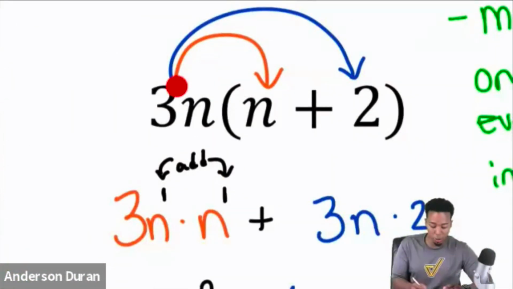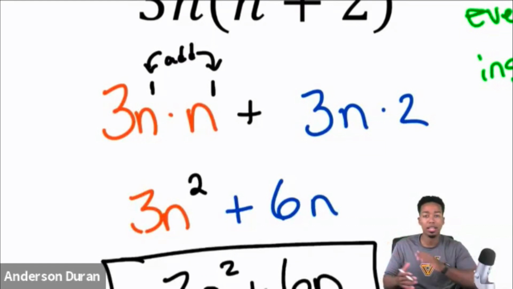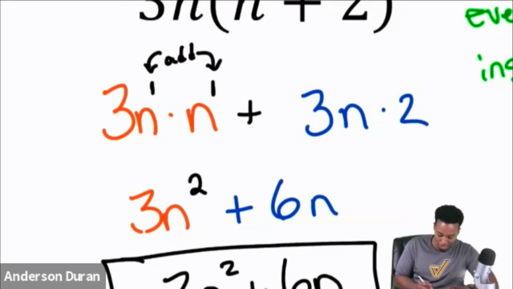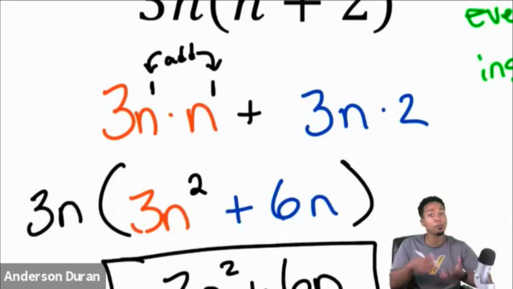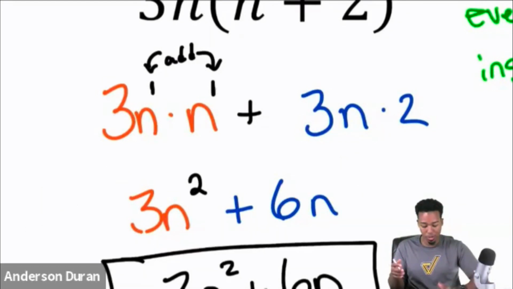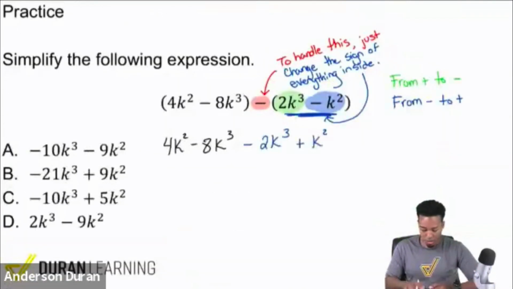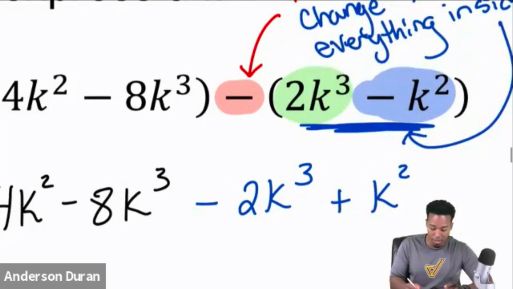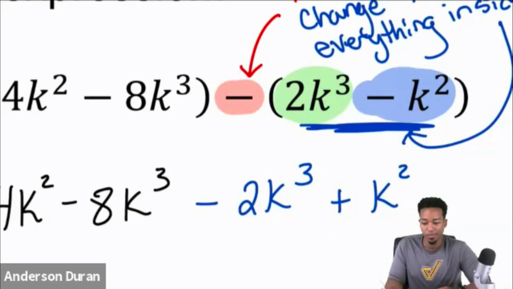When we distributed that 3n, notice that the 3n is gone now. We actually applied it. And so we don't have to write it again like this. It's not like we're going to write it again like that. No, it got applied already. And so it disappears just like it does right here. That negative right there got applied. So this is the result once it got applied. Okay, thank you.